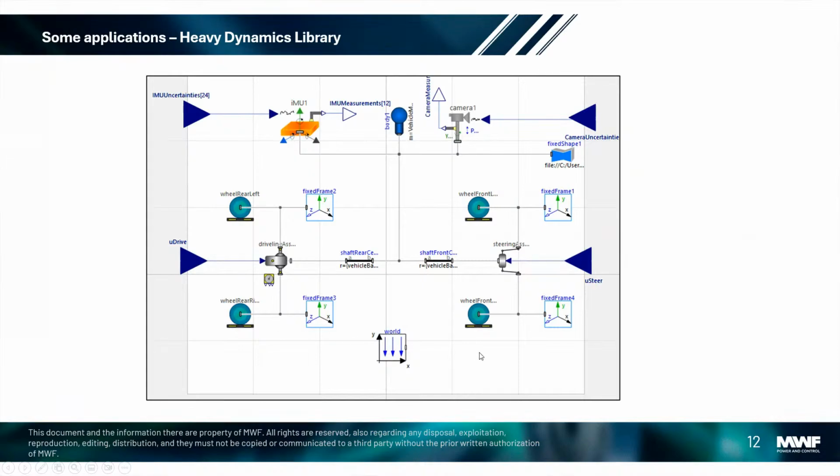This is how a model with the Heavy Dynamics library looks like. As you can see here, we have many components which are basically inherited from the multi-body systems library, like those rigid links, some joints which are inside the driveline model, for example, Ackermann steering model, and so on.